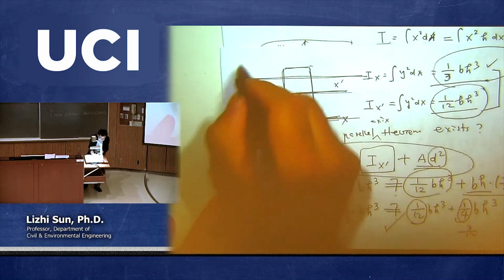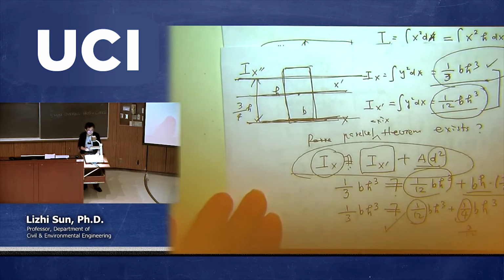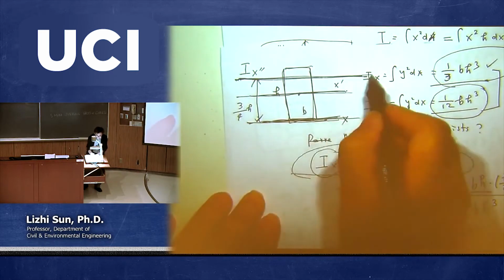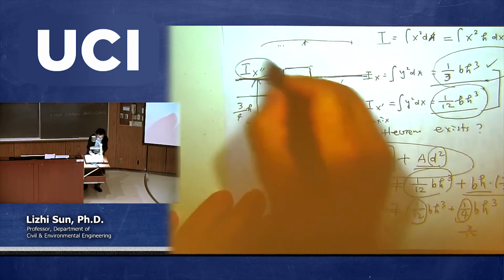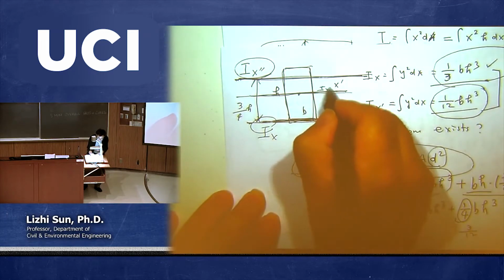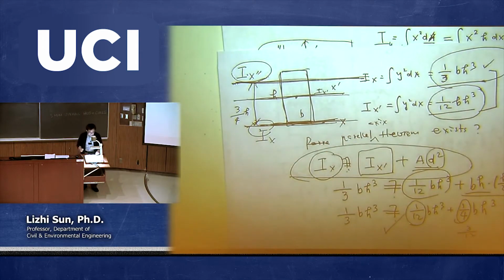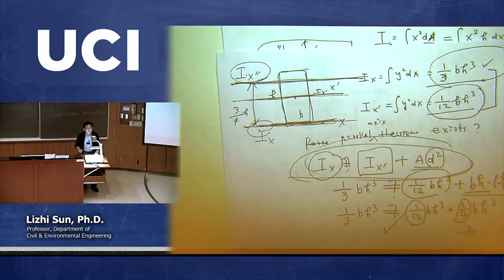So let's say this is the moment of inertia with respect to x double prime. This one. The relationship between this and this, which is called Ix, and this is Ix prime. The relationship between Ix double prime and Ix is not simply this, by the way. It's not.